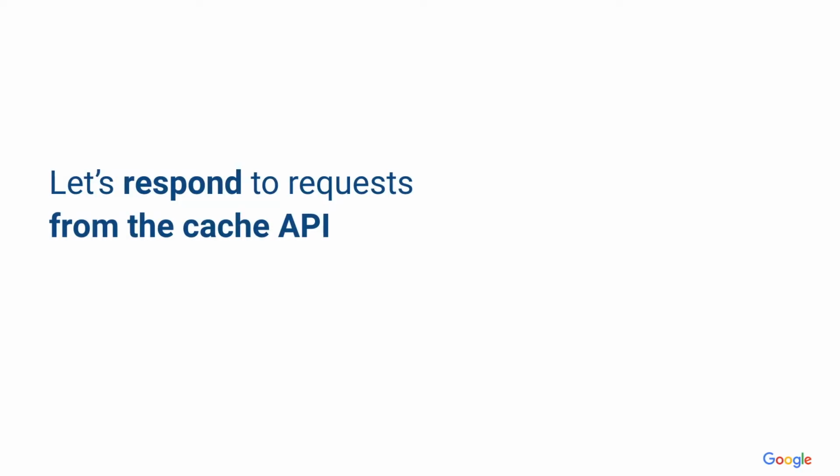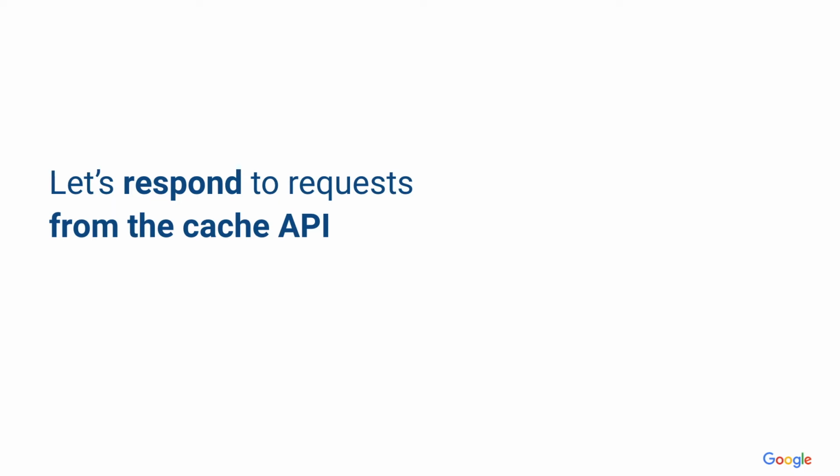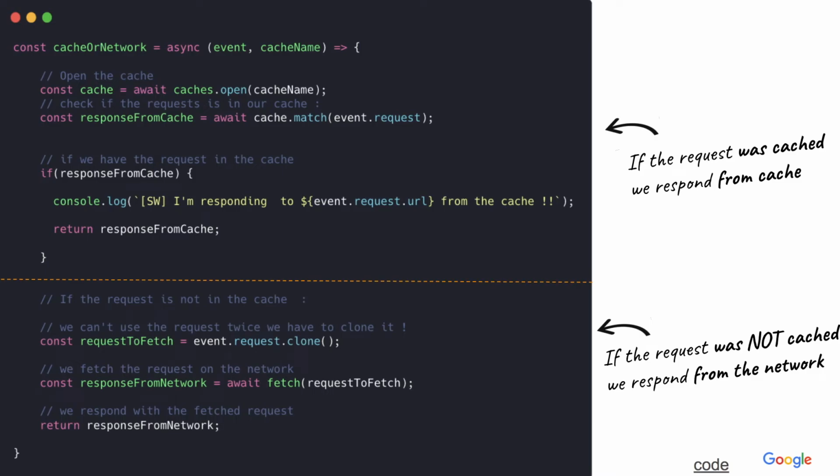So let's respond to request from the cache API. Our function should check if the request is in the cache, and if so, respond from the cache. If not possible, we should go on the network. Let's see the code. So cacheOrNetwork, first we open the cache, so second line.